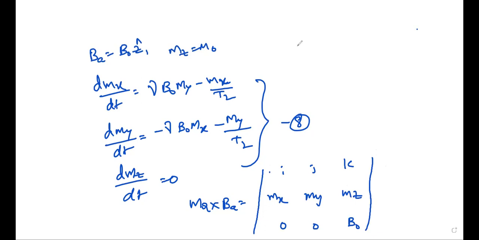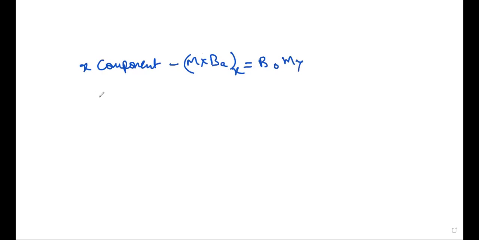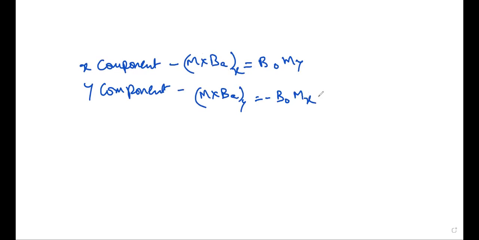After simplification we get the solution: the x component of M cross B is equal to B0 My, the y component of M cross B is equal to minus B0 Mx, and the z component of M cross B is equal to 0.